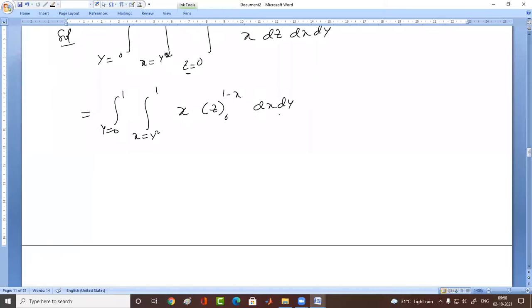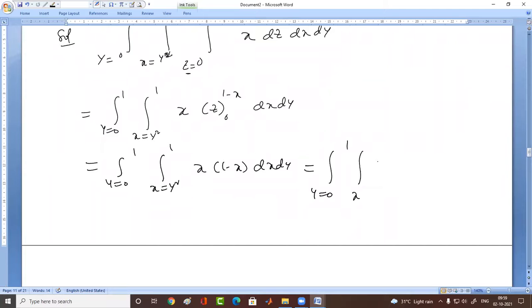Okay, now substitute the limits. Y is 0 to 1, x is y square to 1, x into 1 minus x dx dy. If you simplify, x minus x square dx dy.